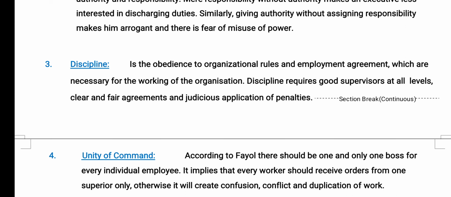If the company has fixed standards for production, wage rate and incentive plans, then the company must pay its workers according to targets achieved. The workers also must try to achieve the targets, and if they are unable to achieve targets, then they must accept the differential wage rate without any prejudice against the company.